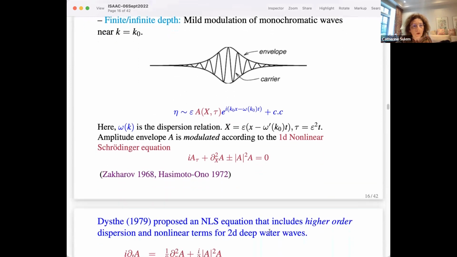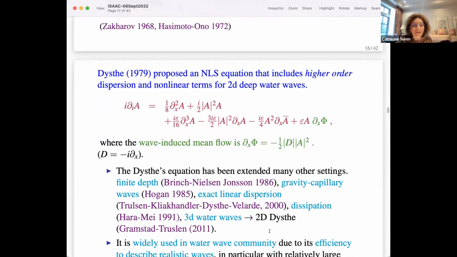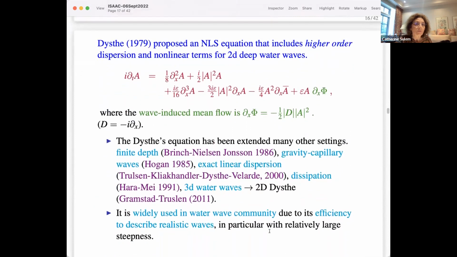A little bit after these papers, Dysthe proposed a nonlinear Schrödinger equation that includes higher order dispersion and higher order nonlinear terms. He wrote this equation in 2 dimensions, deep water, and it is written here. The first line is our usual NLS equation.